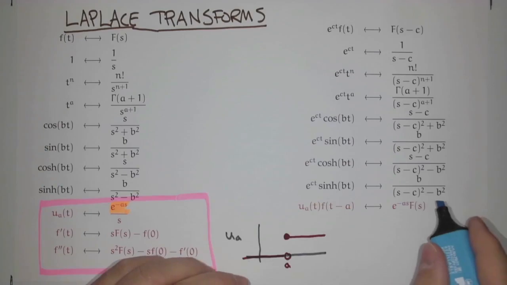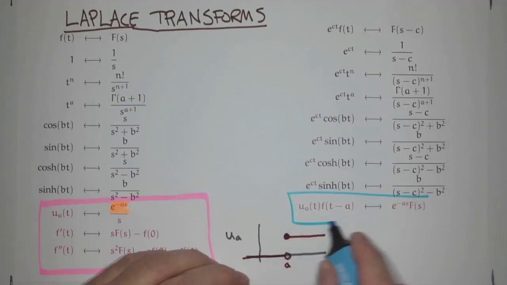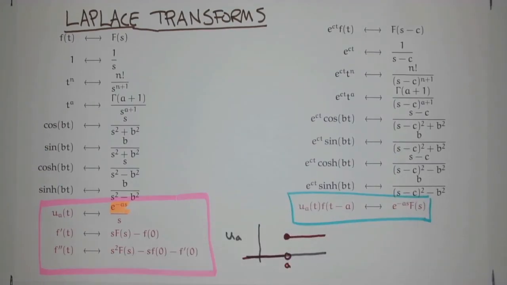Today's rule is we're just going to extend what we did before. If we have u sub a of t and multiply it by a function f of t minus a, and we take the Laplace transform of that, that becomes e to the minus as times F of s.